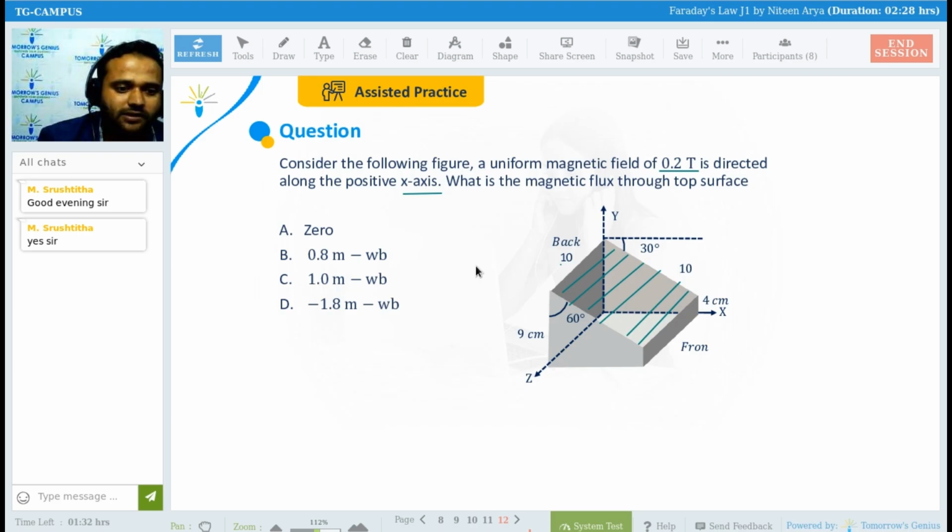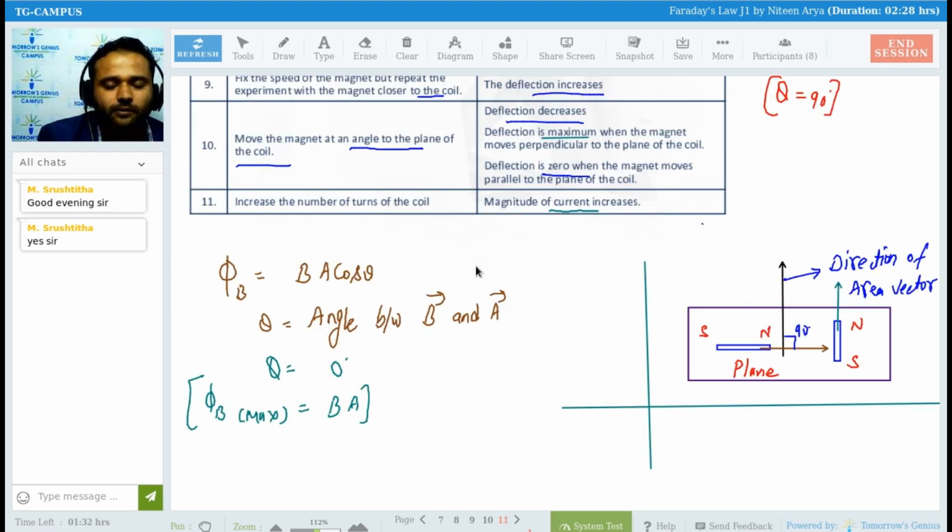Sir, if flux is 0, then deflection will be maximum. No, beta. I told you, deflection is dependent on the flux. If flux is 0, it means either the magnetic field is not going there or the area is not.